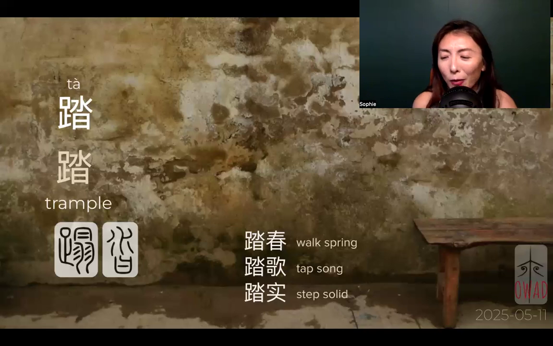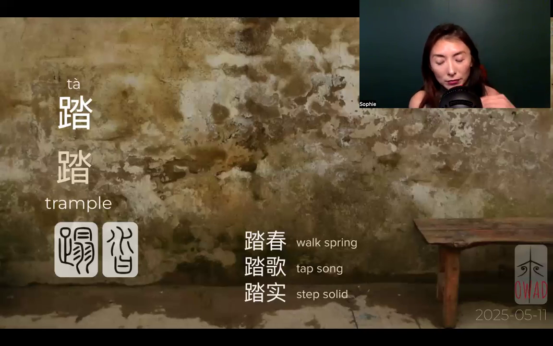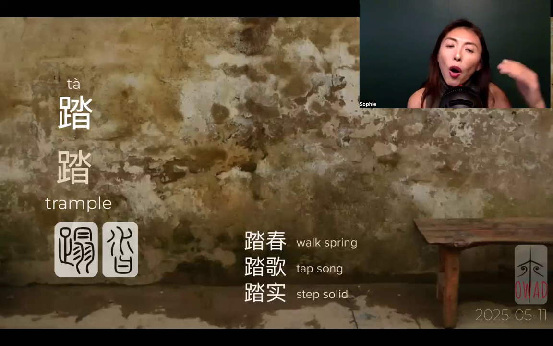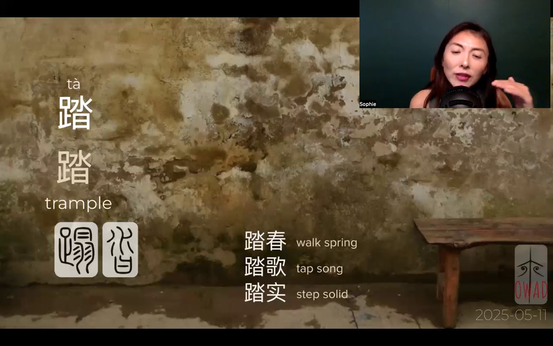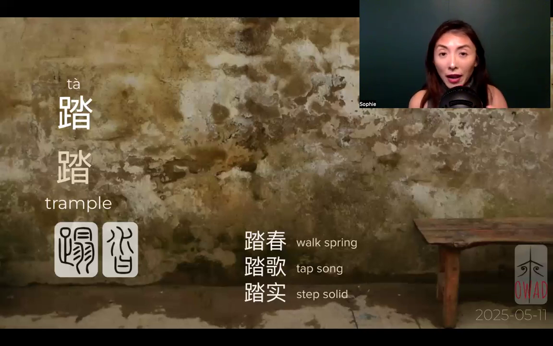English expression, did their homework, like put in as much preparation on their end as possible in face of some big problem or challenge. And 踏实 means somebody who really did the groundwork and takes every step of the way, like solidly stepping on there. So all three, 踏歌, 踏春, 踏实, all of them are kind of positive.